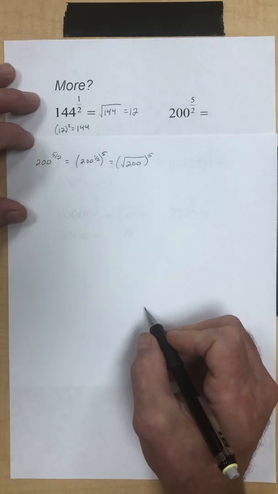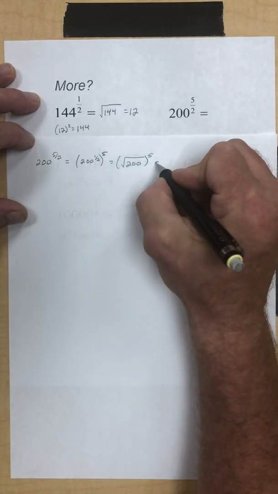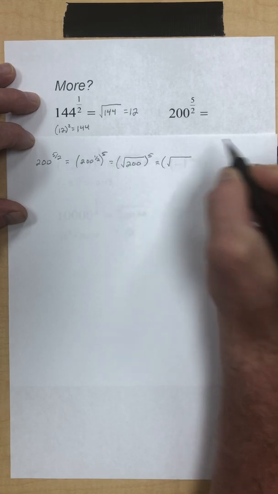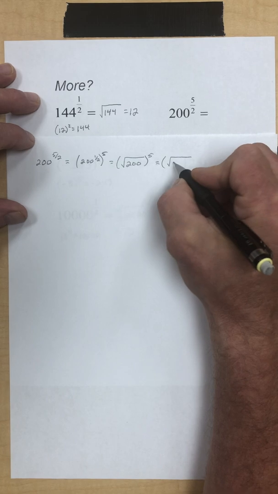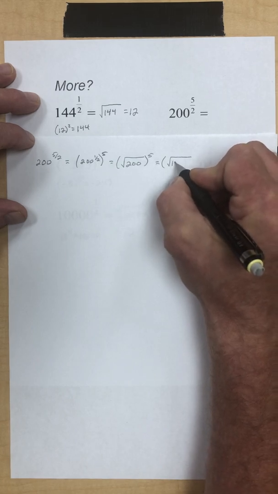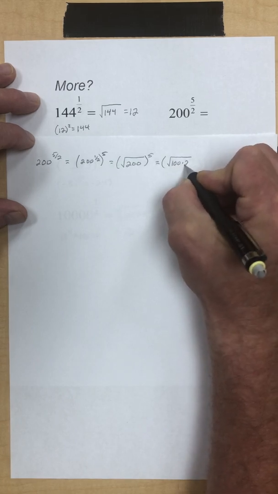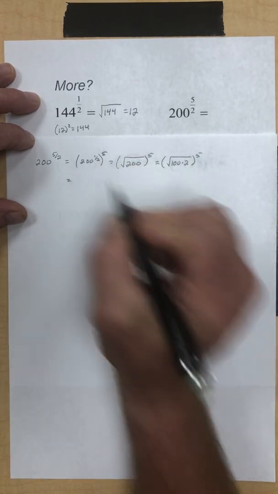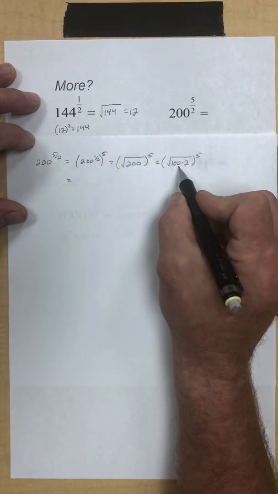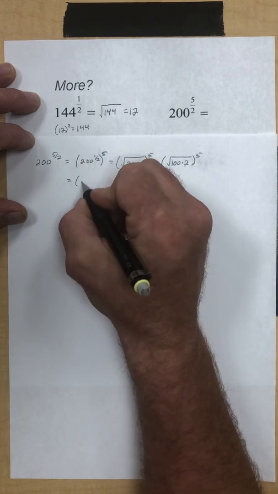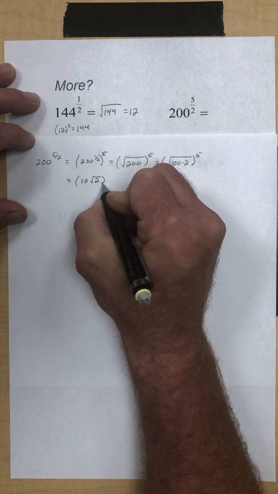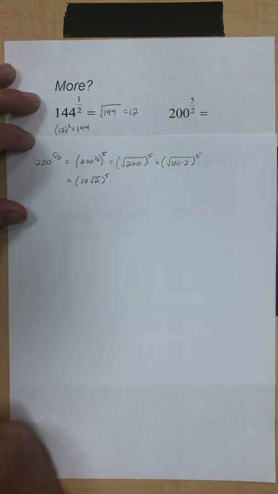So let's take 200 and put that in simplest radical form. So the square root of, let's see, 200 is not a perfect square, but the largest factor of 200 that's a perfect square is 100. The square root of 100 is 10, so that just gives me 10 times the square root of 2, all to the 5th power.